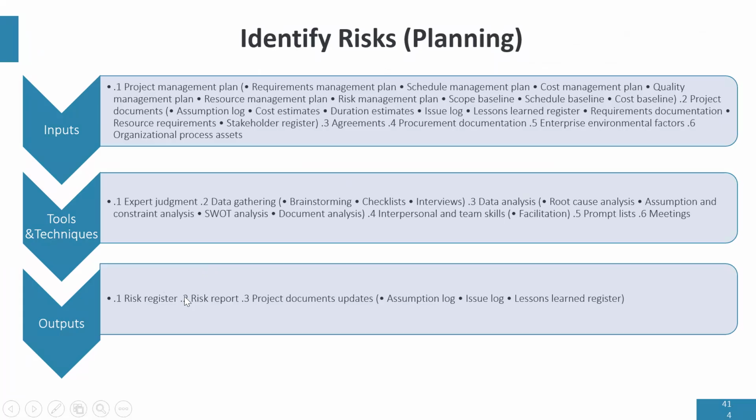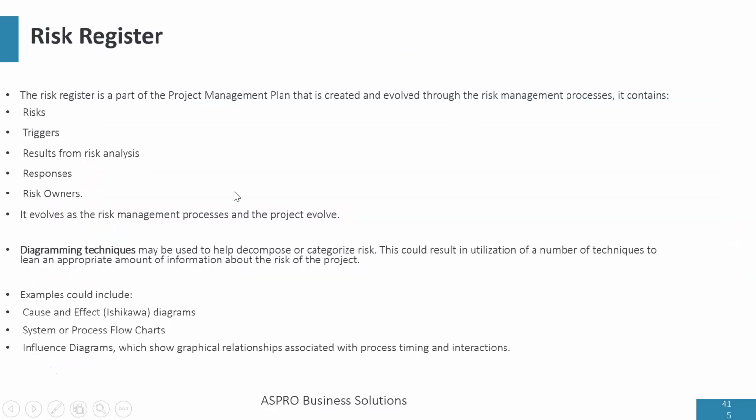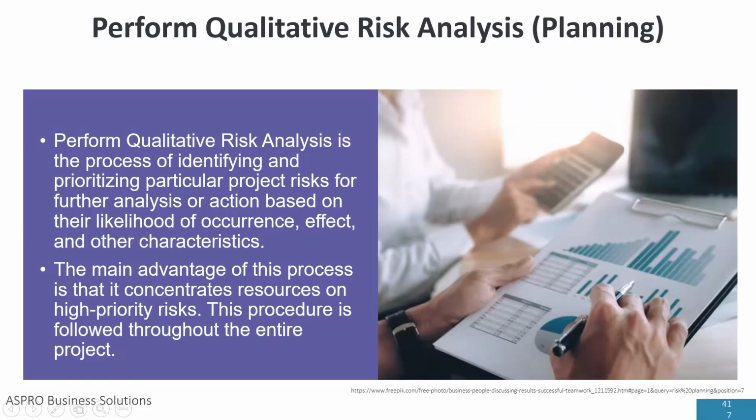The risk register is that diagram we saw. The risk report is a summary report of all the individual and overall risk in the project, especially the ones you've identified. Now, let's talk about the next process, which is called quantitative risk analysis. In quantitative risk analysis, this is where we rank risk according to high, medium, and low.